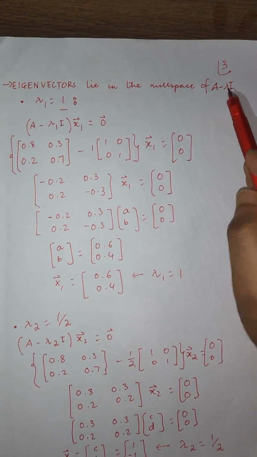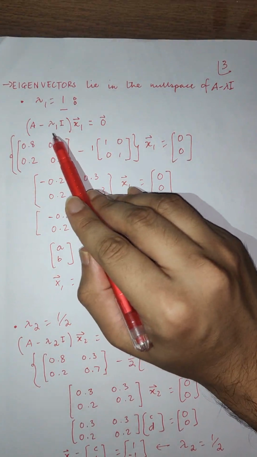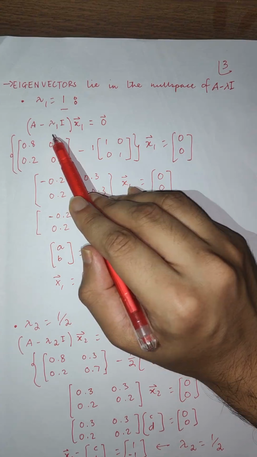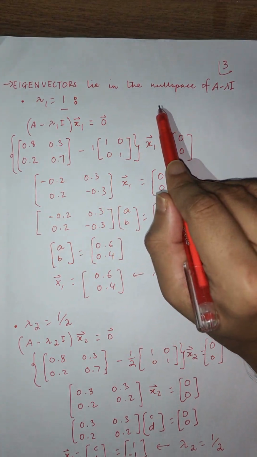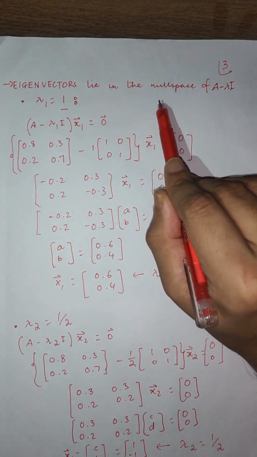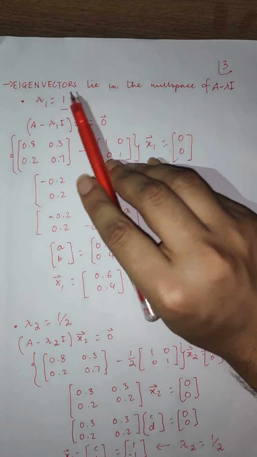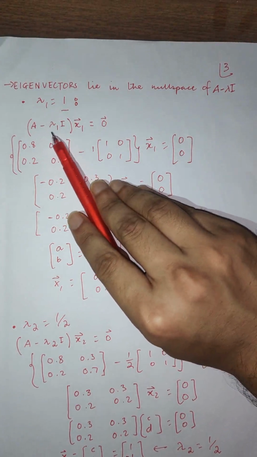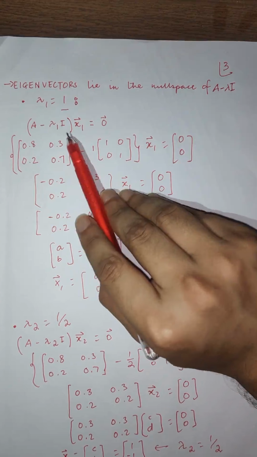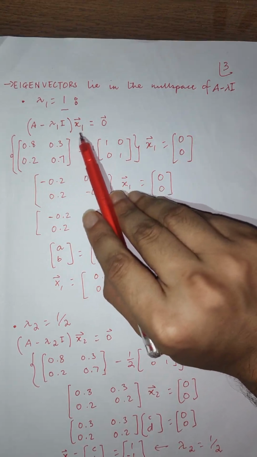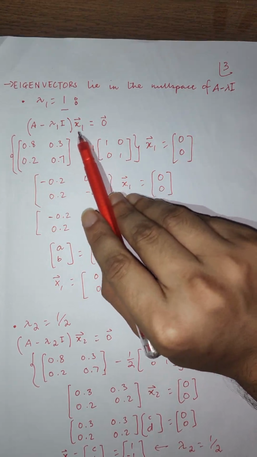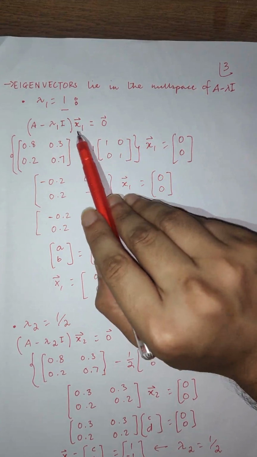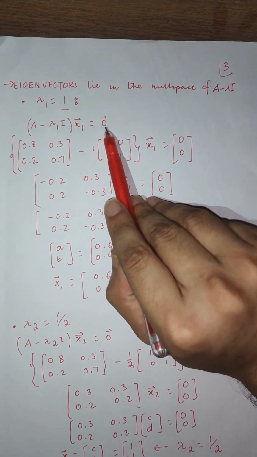So we have A minus lambda I. We start with A minus the first eigenvalue times the identity matrix, and as I said earlier, we should work in the null space to find the corresponding eigenvector. So A minus the first eigenvalue times the identity matrix times some vector, and this is the eigenvector corresponding to this eigenvalue, is equal to the 0 vector.